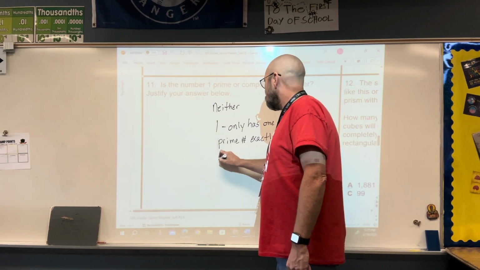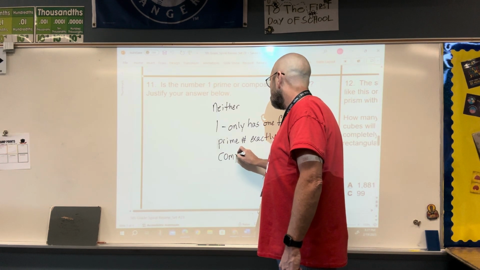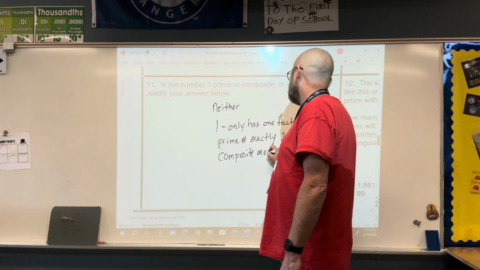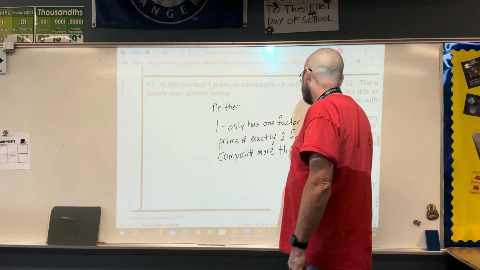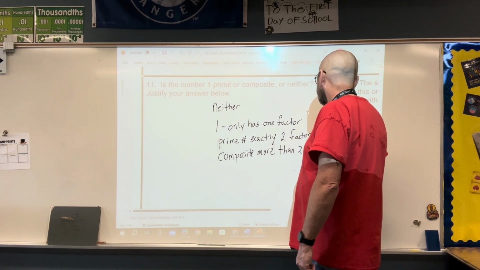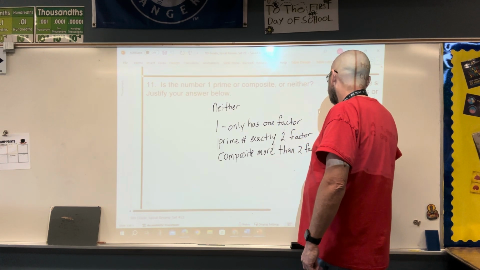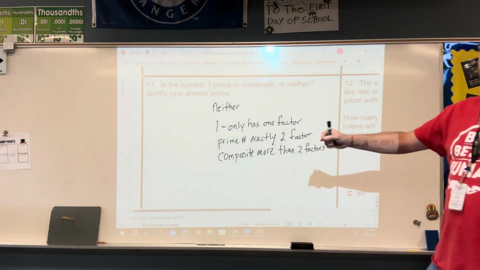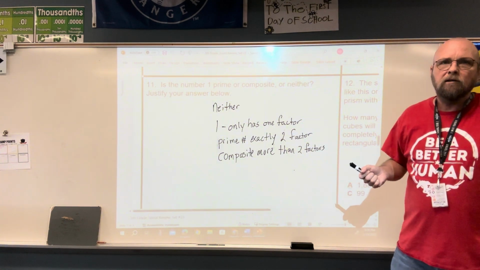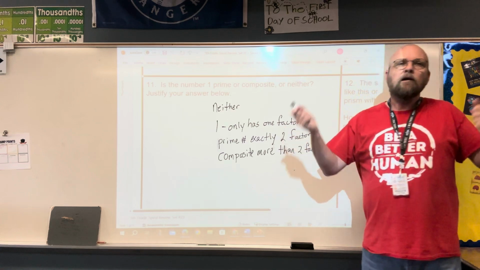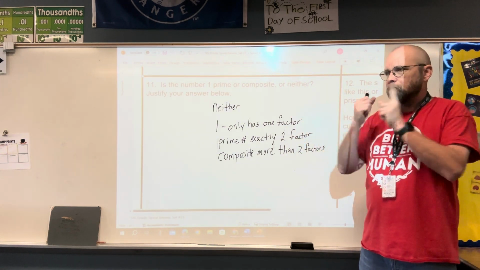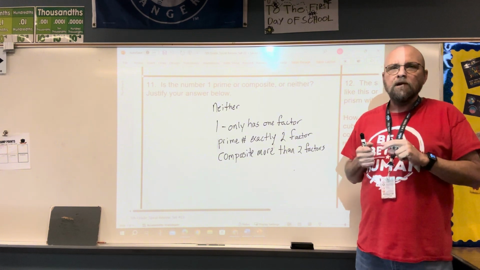And composite numbers have more than two factors. One is neither prime nor composite. The only factor of one is one. 1 times 1 equals 1. That's only one factor. A prime number has two factors.